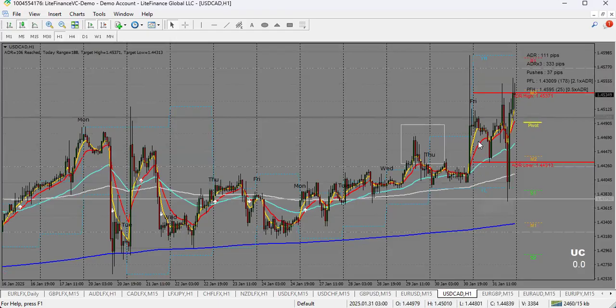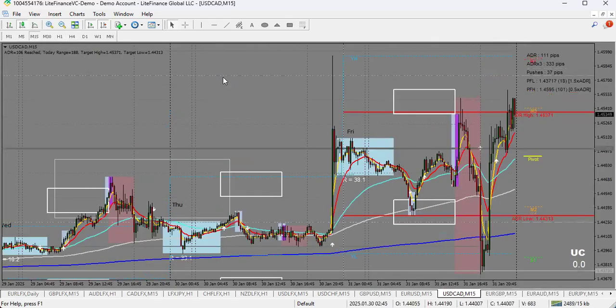You can see here on the hourly chart, on Thursday and Friday, the market was quite rough. This was a result of the Canadian dollar. All CAD pairs had this strong candle which formed a wick later on.